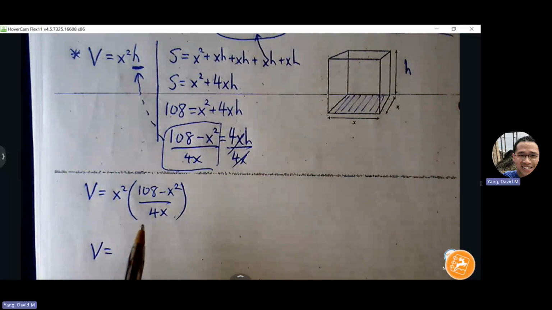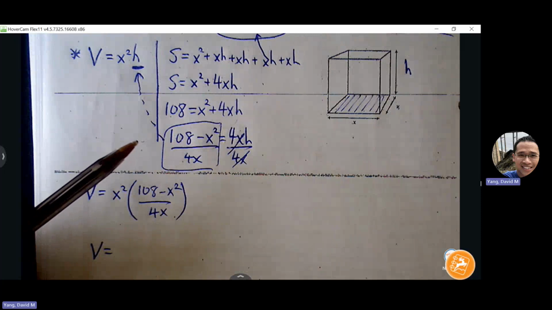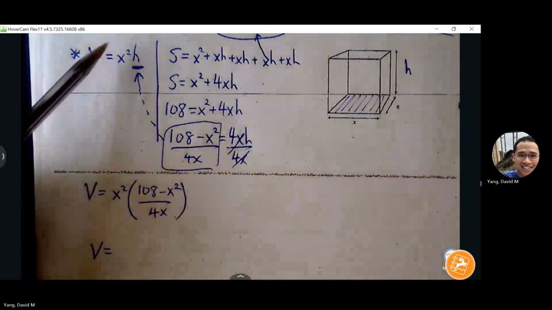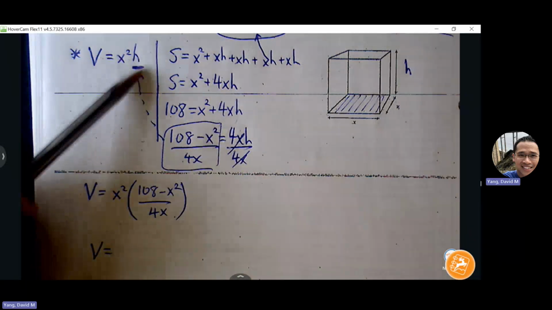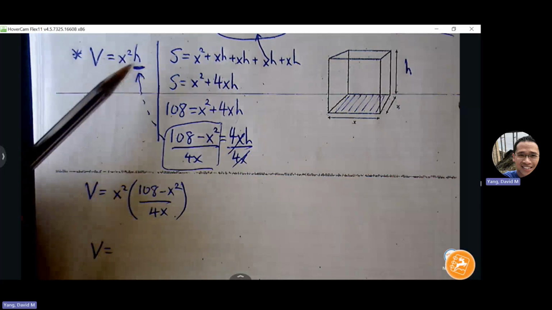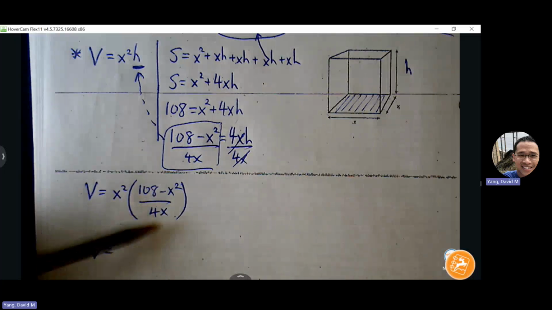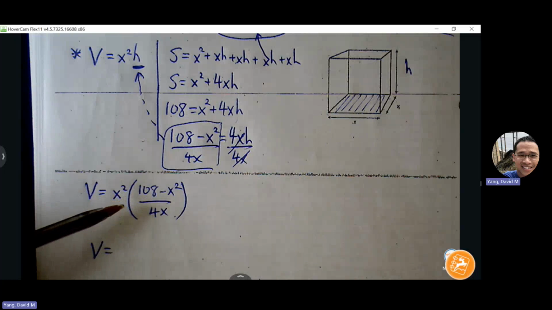Like related rates, like, yeah, well, I think related rates, we did have the cone problem where we got to make that substitution. But I guess in that sense, we are basically getting our equation down to one variable, so we can find the derivative, but here, there's no time involvement. There's no dx dt or dv dt. It's just v prime. We're just going to set the derivative equal to 0.